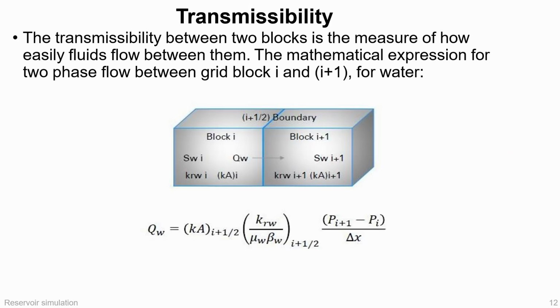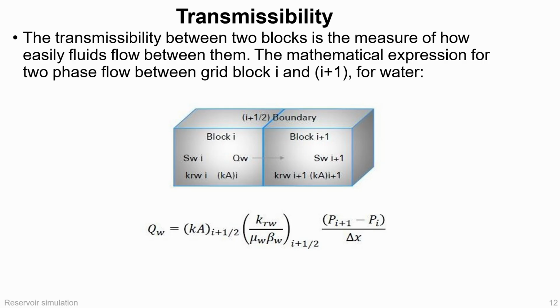Transmissibility measures how easily fluid flows between two grid blocks. It depends on rock properties like permeability and area, fluid properties like viscosity, and the pressure difference between the blocks. In simple terms, transmissibility tells the simulator how strongly neighboring cells are connected hydraulically.